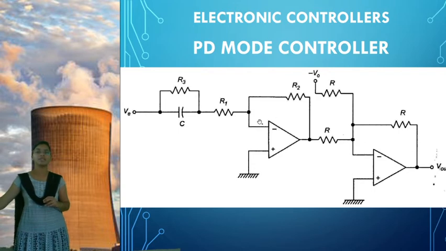So here first you observe the first op-amp connection, which is the PD mode. PD mode is nothing but at the feedback element you should have a resistor. The derivative element at the input side should have a capacitor, which is connected to the input VE, and here the resistor will show our proportional action.